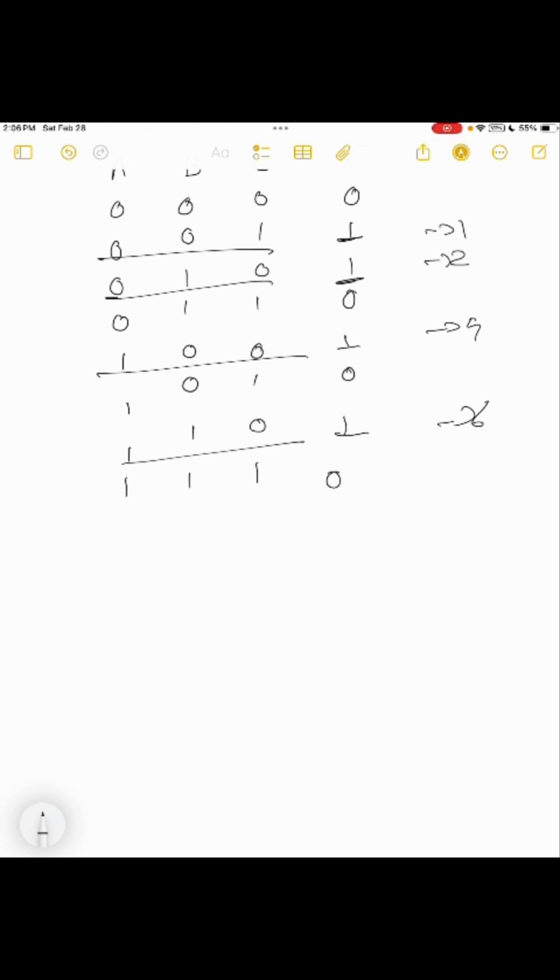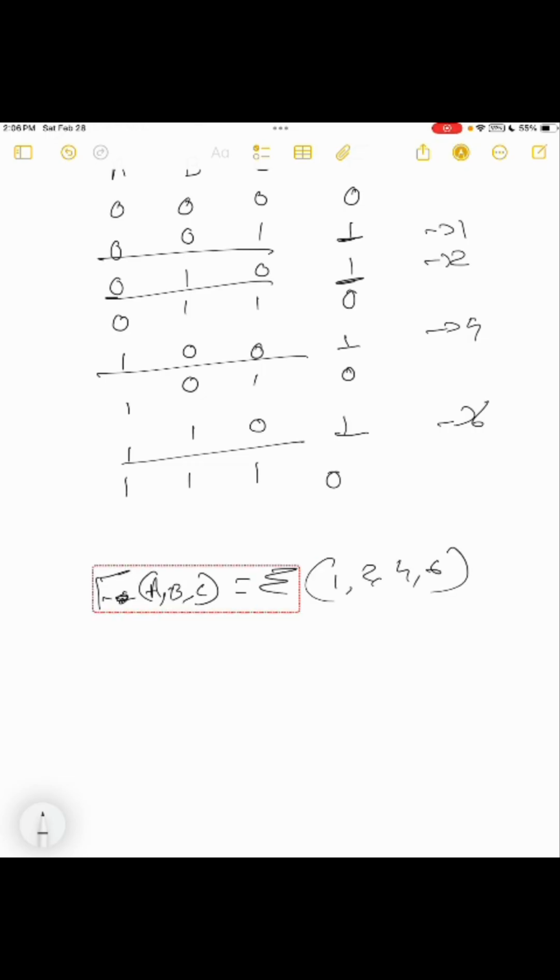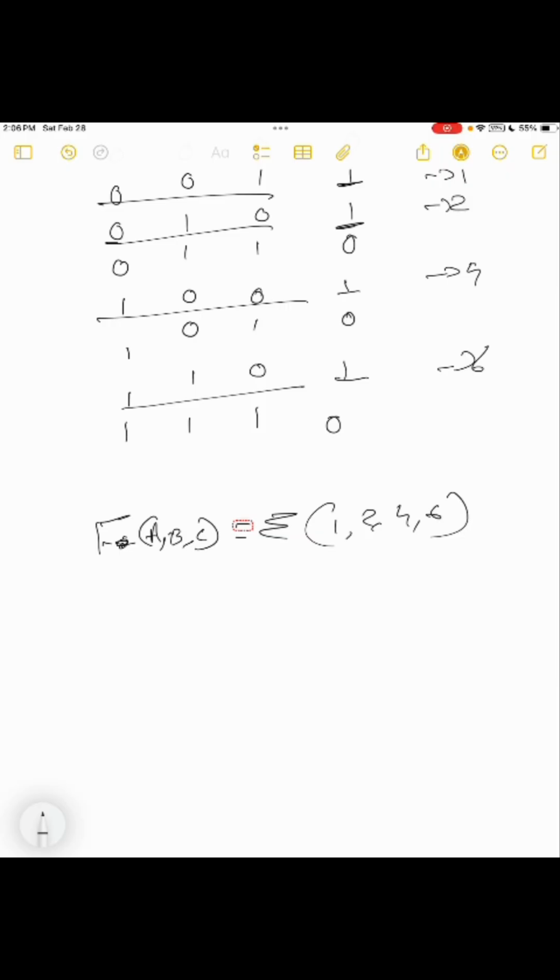So from the function we can define the minterms by f of ABC equals sigma 1, 2, 4 and 6. This means f is equal to 1 for rows 1, 2, 4 and 6, and f is equal to 0 for the other rows.